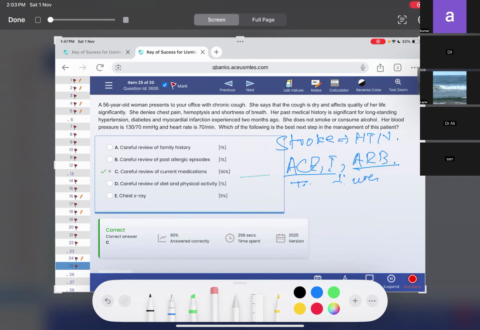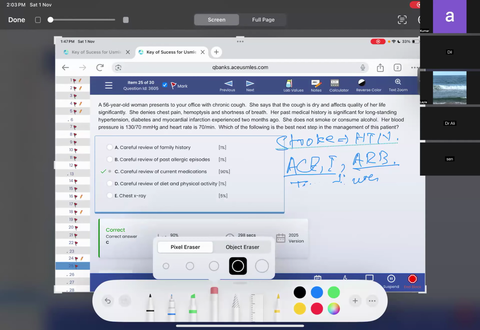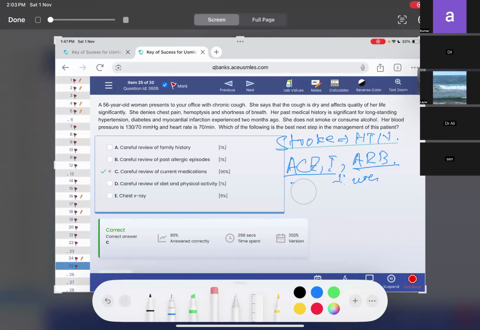Sir, do you have any idea which subject we are going to do in the next class? I have literally no idea. I will ask them which system they are going to explain to you. Okay, I was just asking.